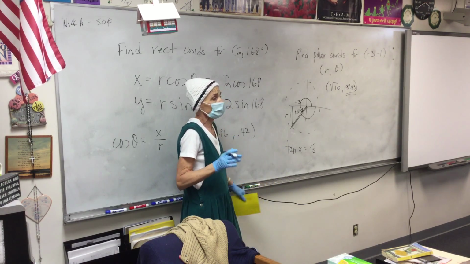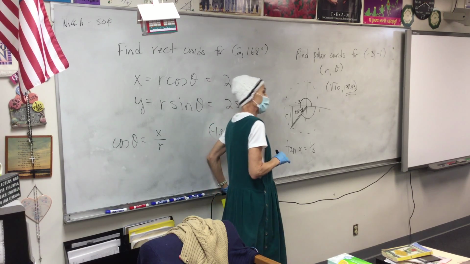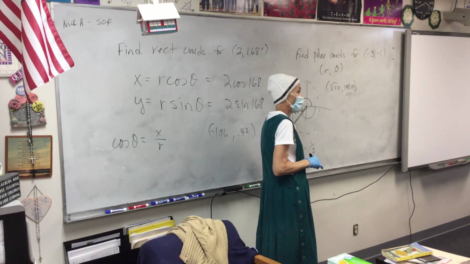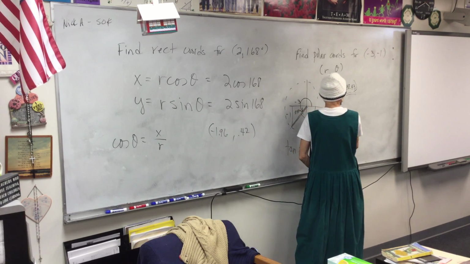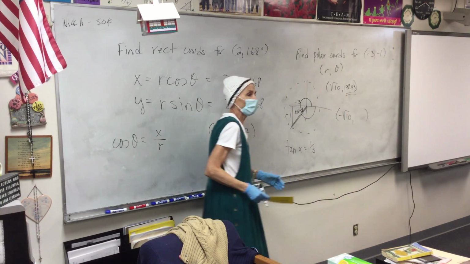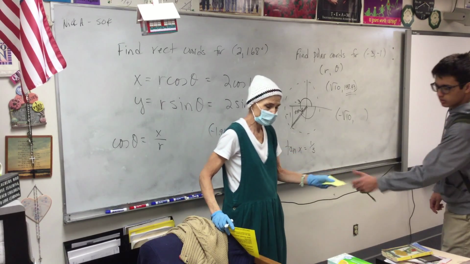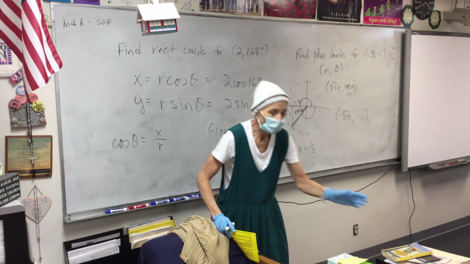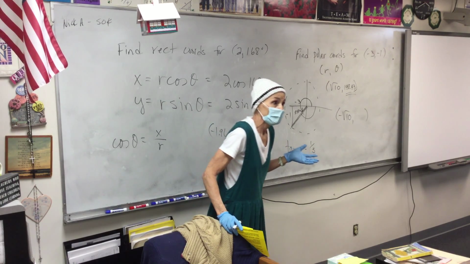Well, kids, it gets even a little bit wilder than that, believe it or not. It is possible in polar coordinates to have a negative R value. Now, I know what you're thinking. You're thinking, whoa, whoa, whoa, Miss Ford, that does not even make sense, because how can the radius be a negative number?